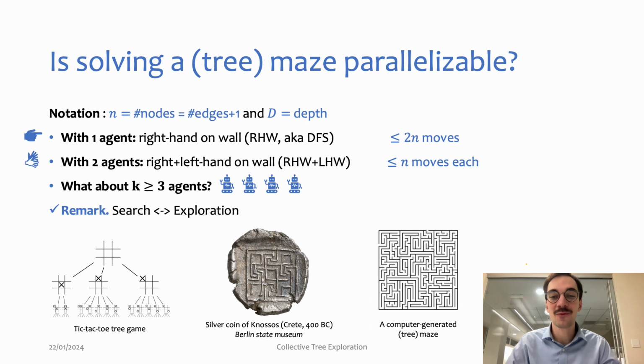Now, in this talk, I'll be talking about exploration rather than maze solving or search. The reason is that from the point of view of worst case complexity, these two problems are completely equivalent. This is because an adversary could put the exit of the maze at the last visited edge. The goal, in fact, of collective tree exploration is to explore all edges at least once.